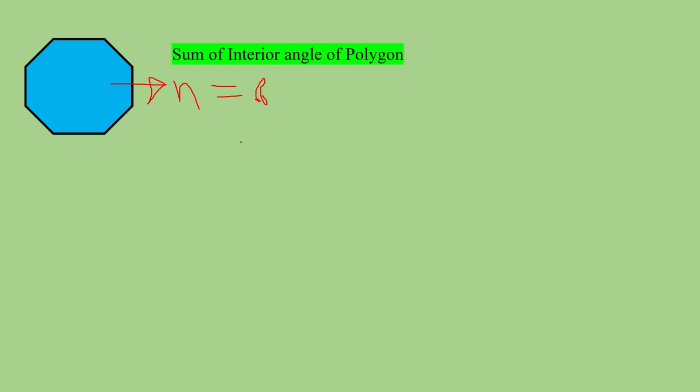Another example. Suppose we have a polygon with number of sides 8, so we put 8 in place of n. Suppose we want to calculate the sum of interior angles of this polygon. By using this equation, we find 1080 degrees is the sum of the interior angles of this polygon.